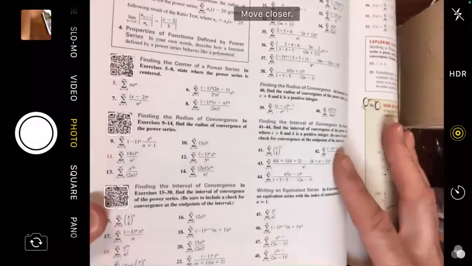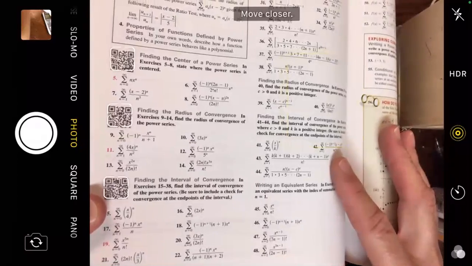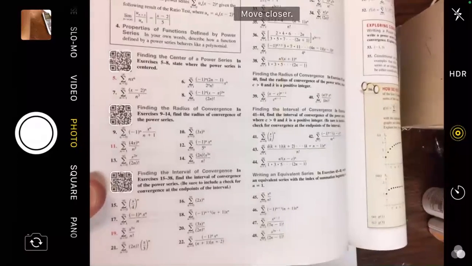I remember you saying some were pretty long. It's hard to tell at the beginning. I think it was in the 9 through 14 section you pointed out.